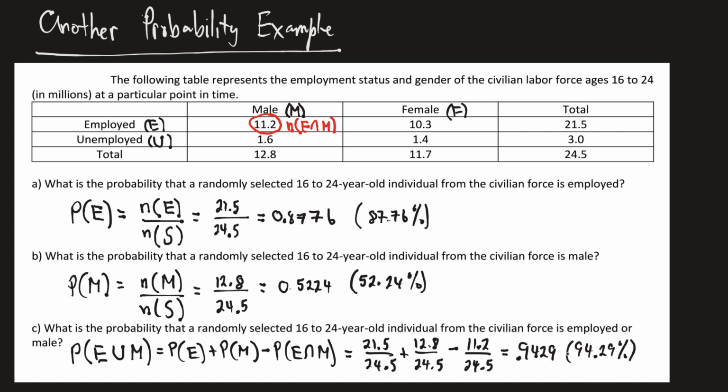Right? So there's a very high chance, not a certainty, but there's a high likelihood that this single individual that we randomly select is going to be either a male, right here, or employed, or both, right?